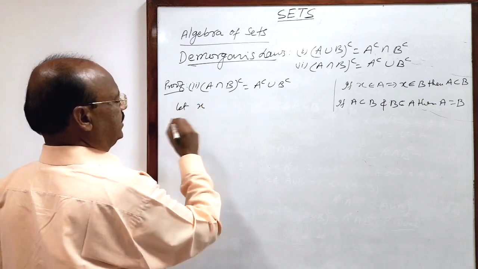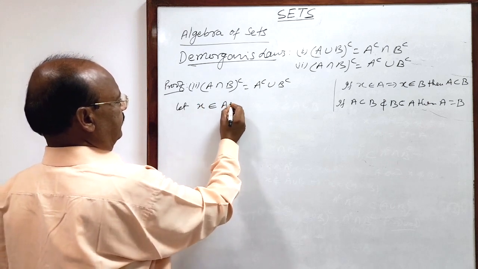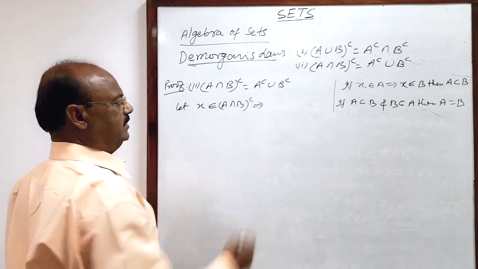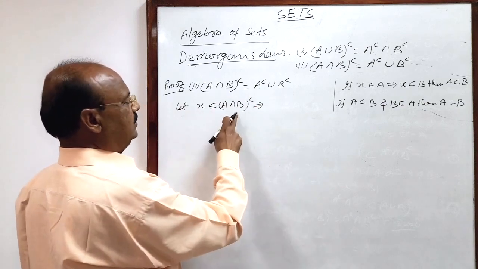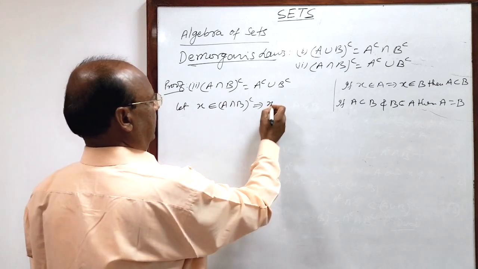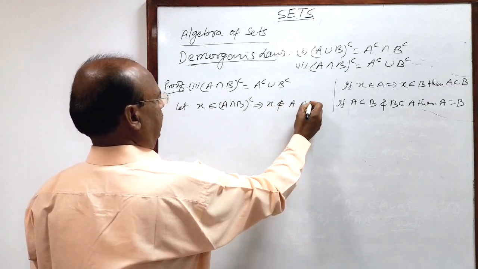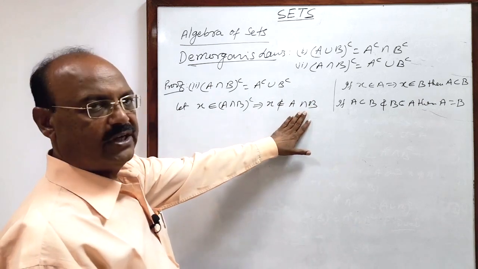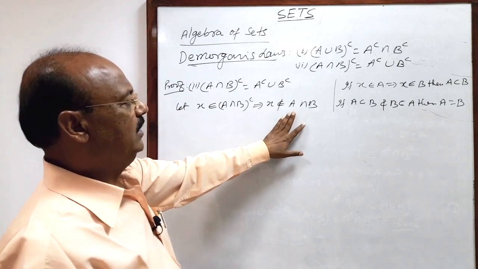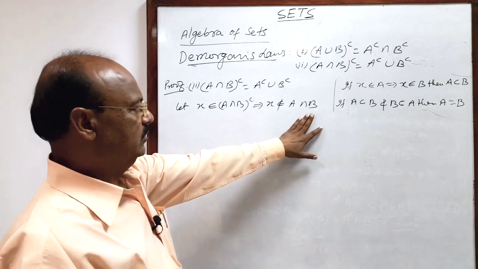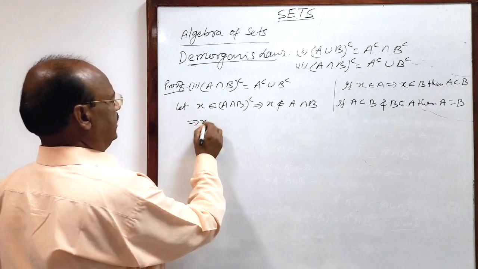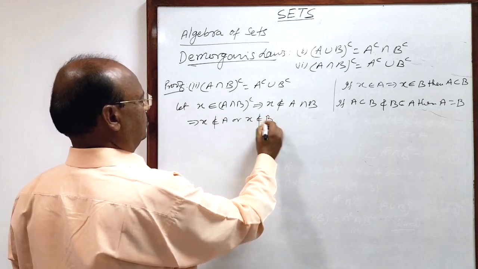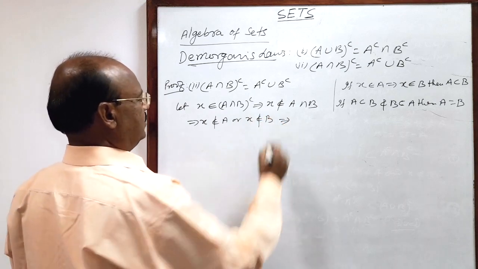Let X be any arbitrary element belonging to the left hand side, (A intersection B) complement. This implies that if X is belonging to a complement, X will not belong to this set. X does not belong to A intersection B. If X is not belonging to the intersection of these two sets, it means X is not belonging to set A or X is not belonging to set B. So this implies that X does not belong to set A or X does not belong to set B. And what does it imply?